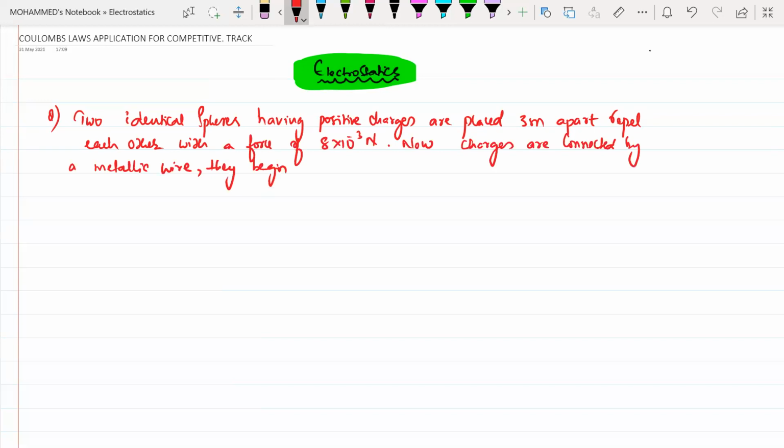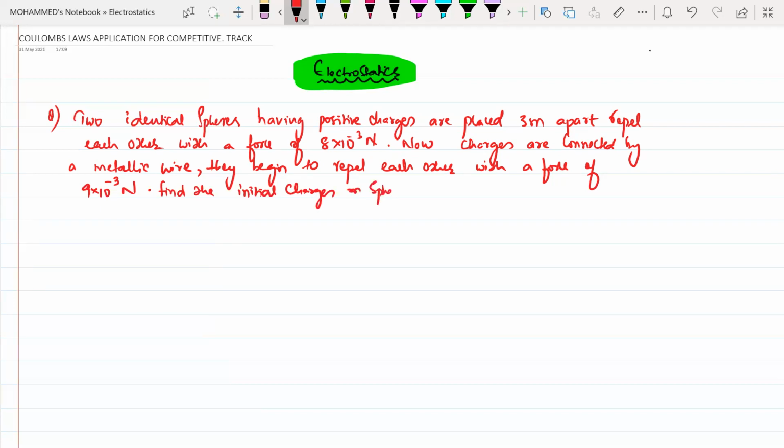They begin to repel each other with a force of 9 into 10 to the power of minus 3 Newton. Okay, find the initial charges on the spheres.